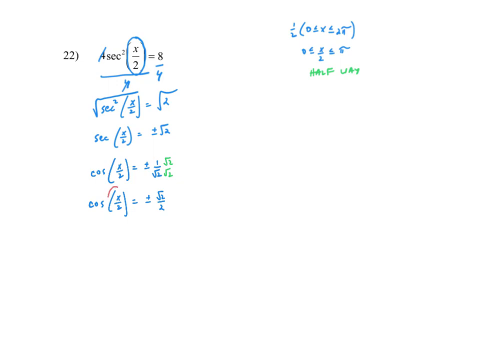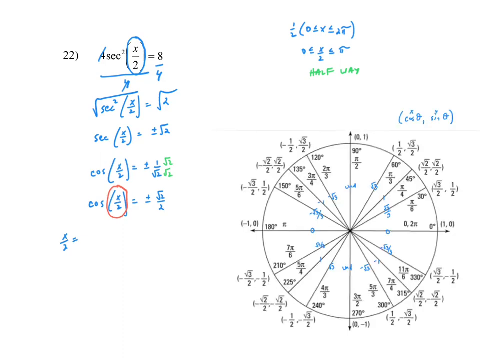So list all of the angles where the cosine value is plus or minus root 2 over 2. Angles in this problem right now are x over 2. Remember, we only need to go halfway around. Boom, pi over 4. Keep on working your way around the unit circle until, boom, 3 pi over 4.